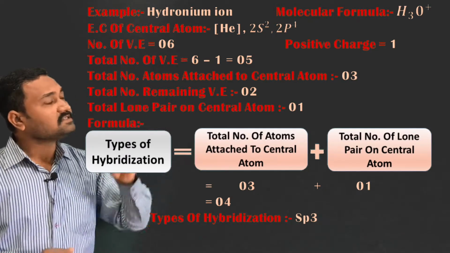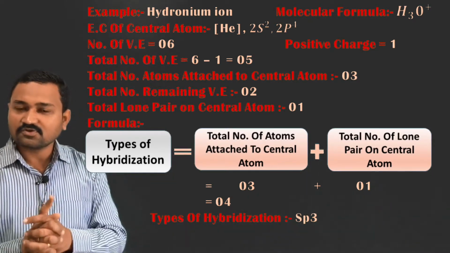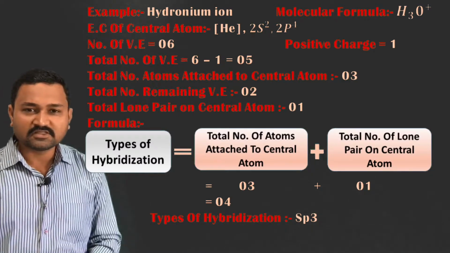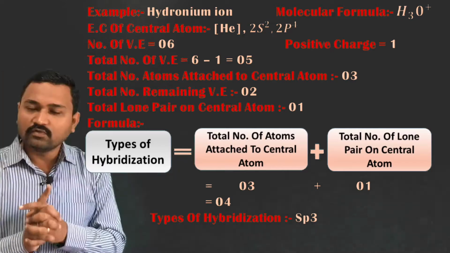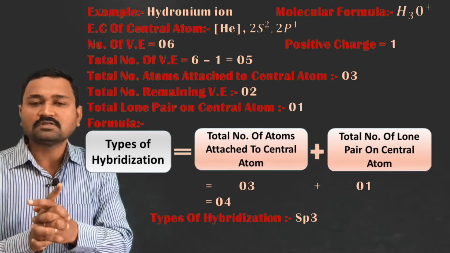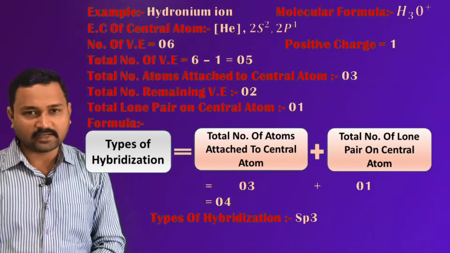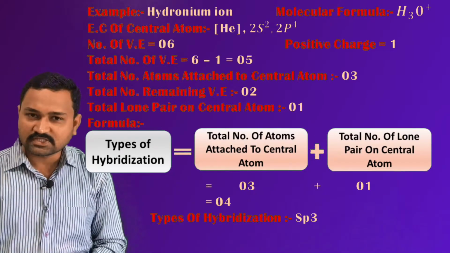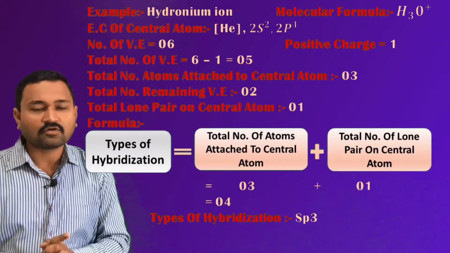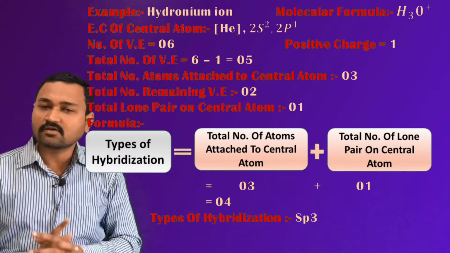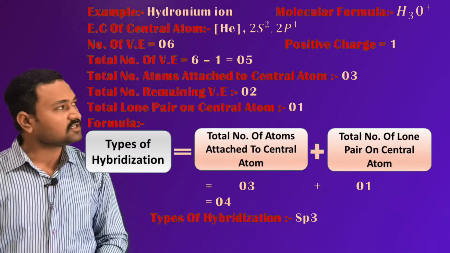As it is a cation, as I already mentioned in the key point, you have to remove the same number of electrons as the positive charge on this polyatomic cation. Here there is a +1 charge, so I am going to remove 1 electron from the total valence electrons of the central oxygen atom.